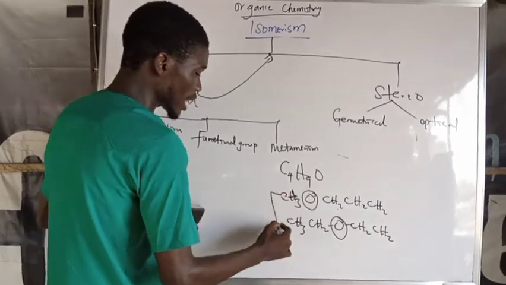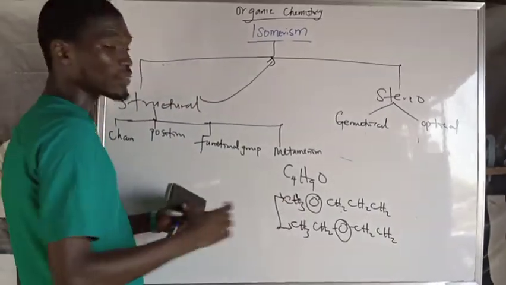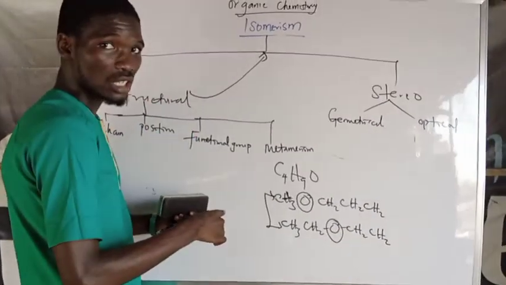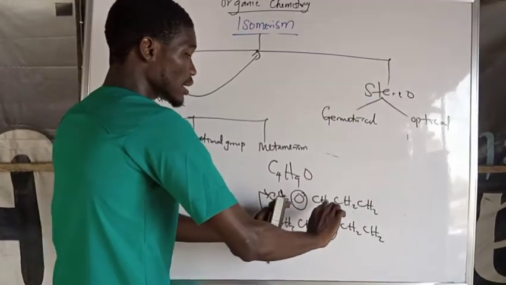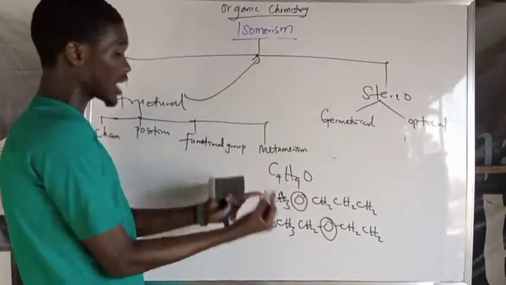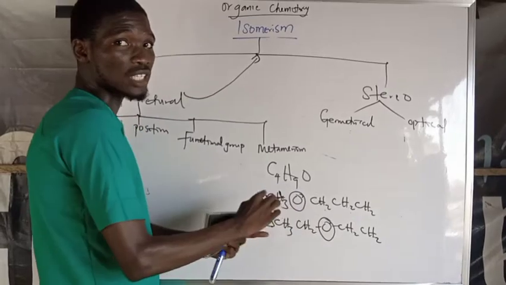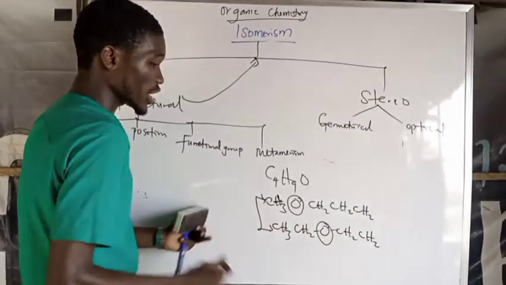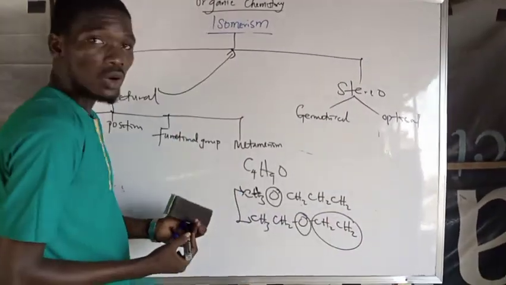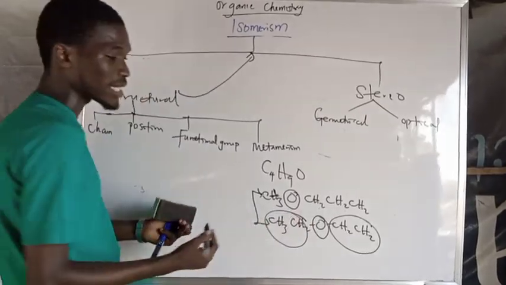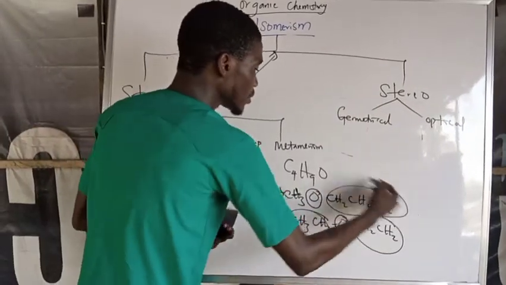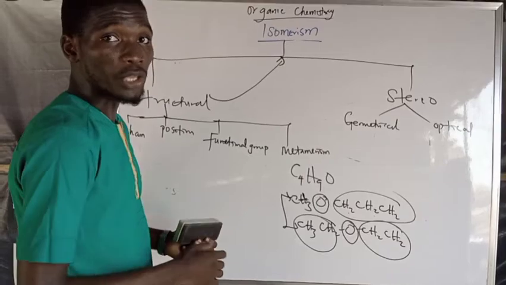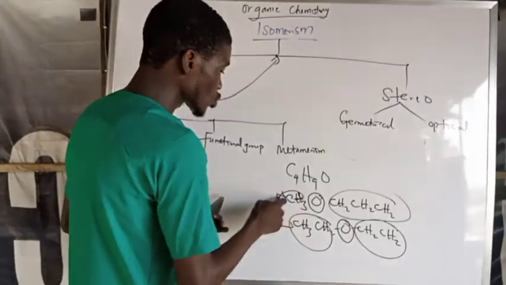When you look at these two compounds, they have the same molecular formula, but the methyl group surrounding this functional group is different. So here we have a methyl group, and here we have propyl, and also here is what?